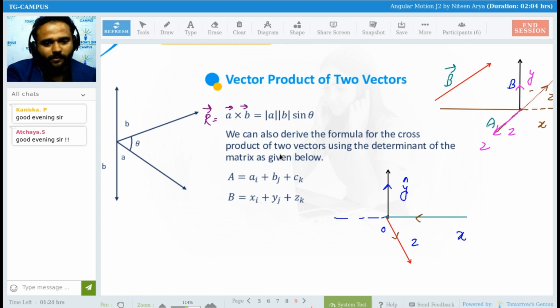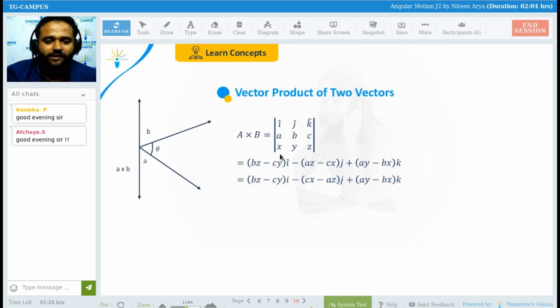So this is your formula, and we can also find it with the help of a determinant. What is a determinant? That is a determinant. So if we need to find A cross B, it is very easy. One thing you need to know: whenever there is an x component or i component, you never see the component of i. Clear? How are we doing this?